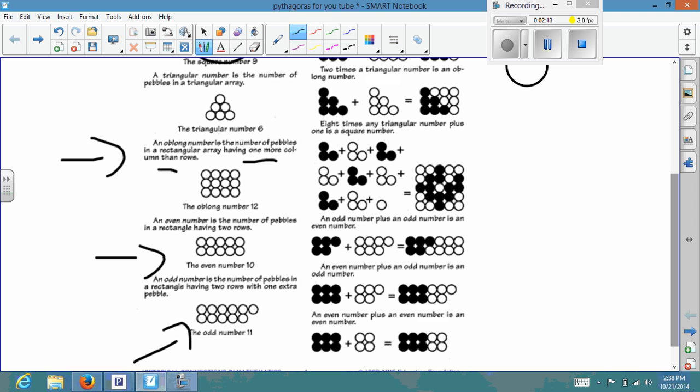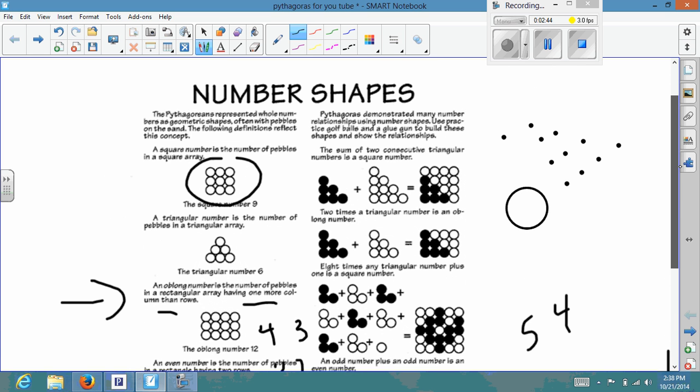So 12 is an oblong number because it's got a row of 4 and 3. So we've got 4 columns with 3 rows. And then the next oblong number would be 5 and 4, or 20. And then the one preceding the 4 would be 3 and 2, or 6. So they looked at numbers and ways to group them according to the shapes that they made.